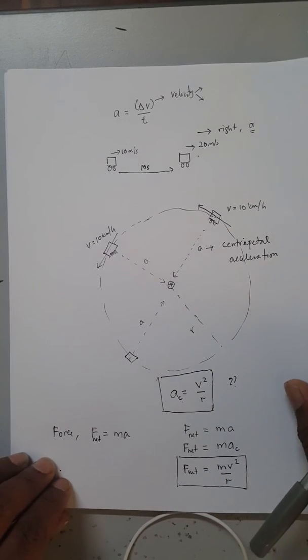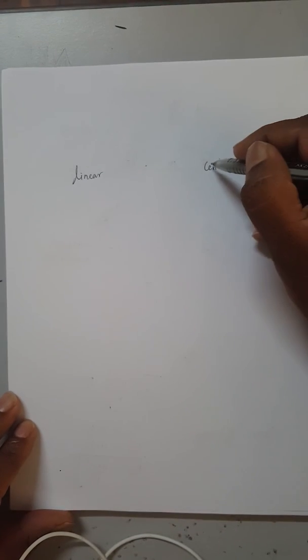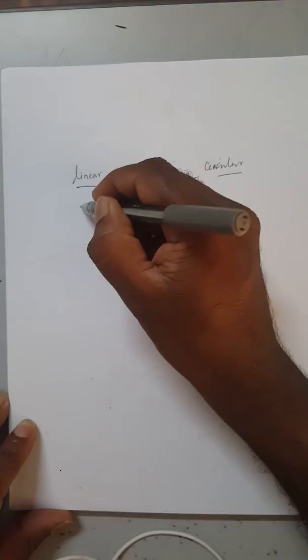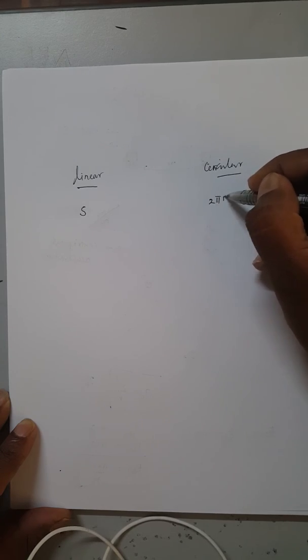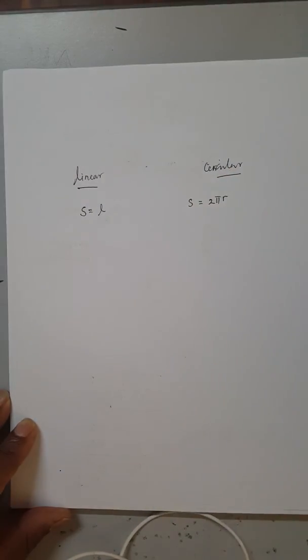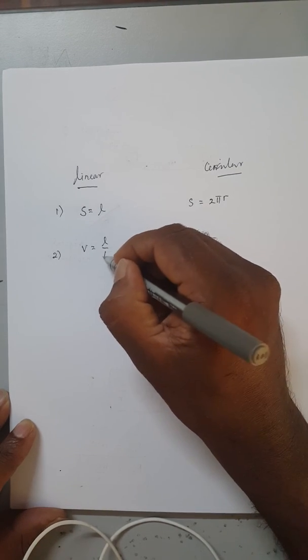Now we recap the whole thing. What we have learned so far is linear and circular. For linear, the distance is s, or I just take it as L, and for circular the distance will be 2 pi r. Number 1, the speed will be L over t, distance over time.